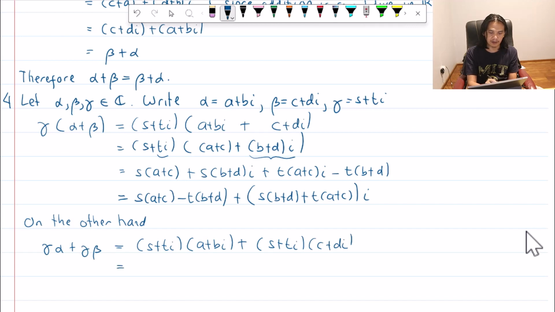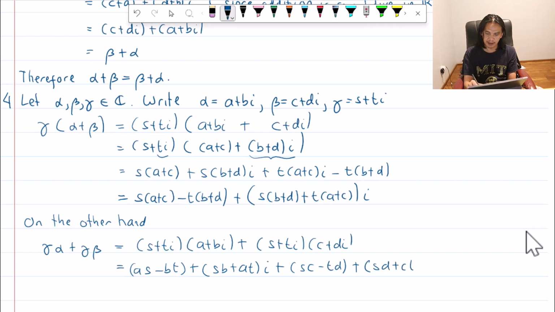So this is equal to as minus bt plus sb plus at i plus sc minus td plus sd plus ct i.